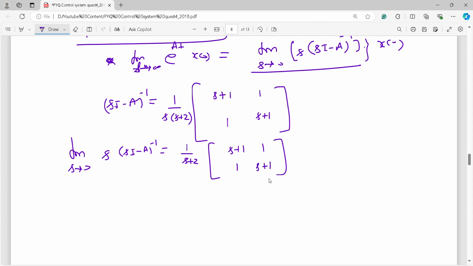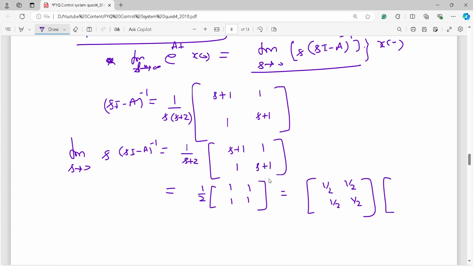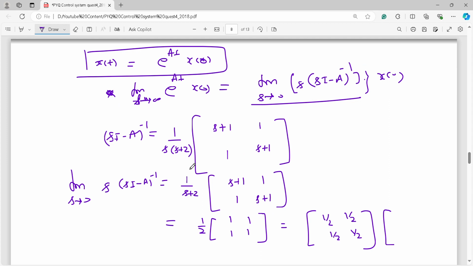Then here we can apply s tends to 0, put 0, you will get 1 by 2, 1, 1, 1, 1. This is 1, yes, s tends to 0. So again you will get the same value, 1 by 2, 1 by 2, 1 by 2 and 1 by 2. So again if you apply the condition, you will get the same thing. So here we can also write, this is the final value, final state.